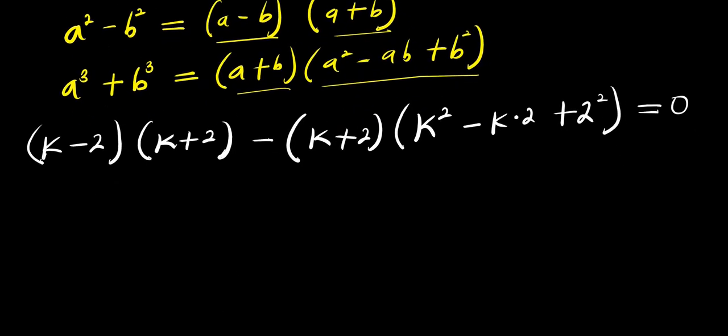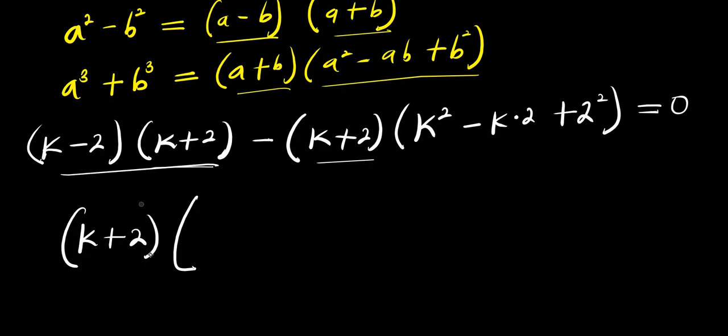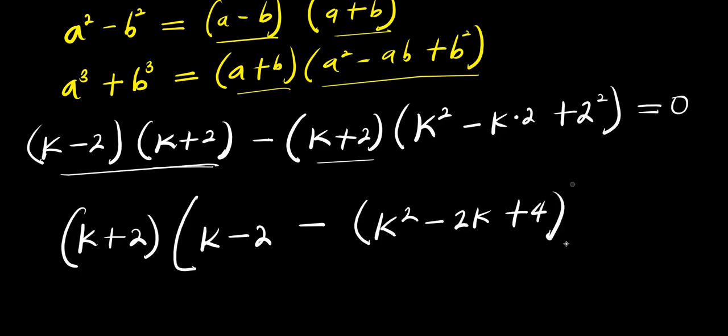So from here, k plus 2, you can factor that out. Times this divided by k plus 2, we have k minus 2. Then this has minus, this is k squared minus 2k plus 4, and this equals 0.